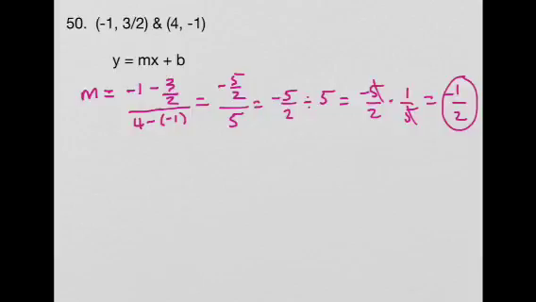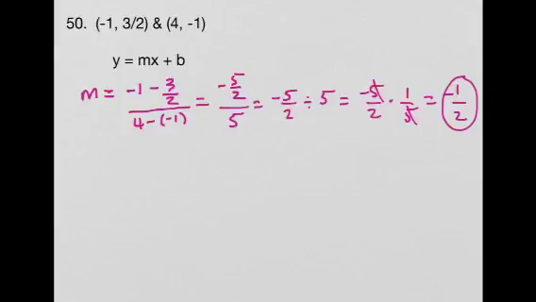To find the b, there's a couple of ways. We can use point slope form and then simplify from there, or we can just keep the y-intercept form, this one right here. Pick a point. I'll probably pick the 4, -1. You could choose -1 3/2 if you'd like, but for this demonstration, I'll just use 4, -1.